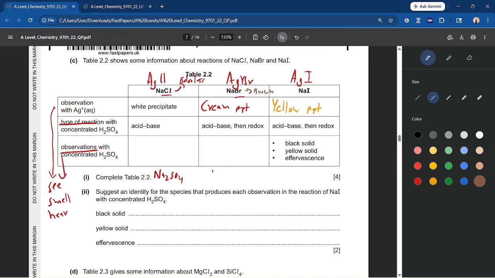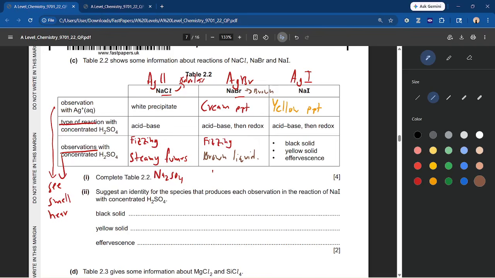So for the answer we're going to mention fizzing for both of them. But for sodium chloride, we're going to mention that you see steamy fumes. And for sodium bromide, we're going to mention a brown liquid, which is, of course, your bromine.